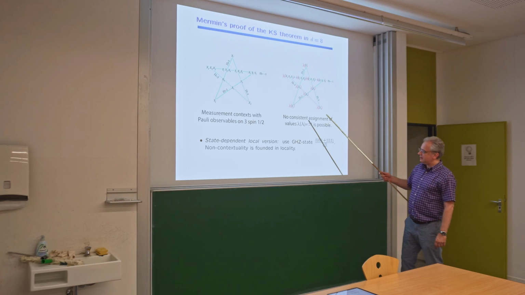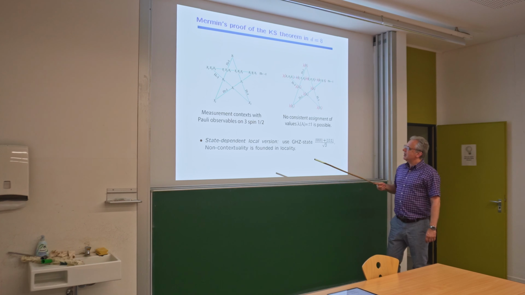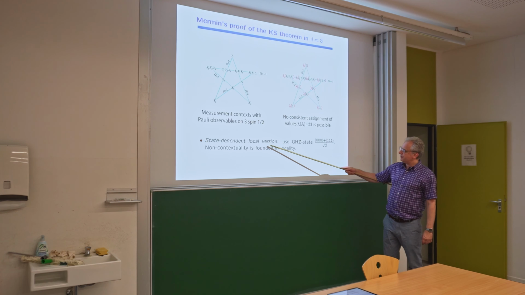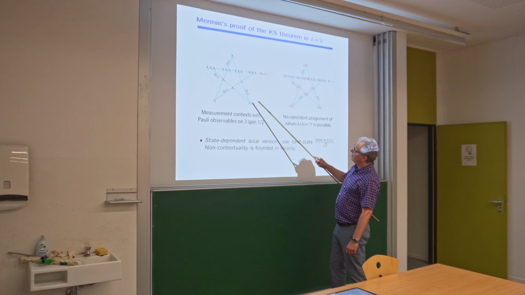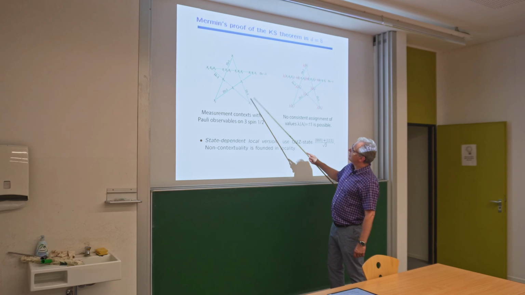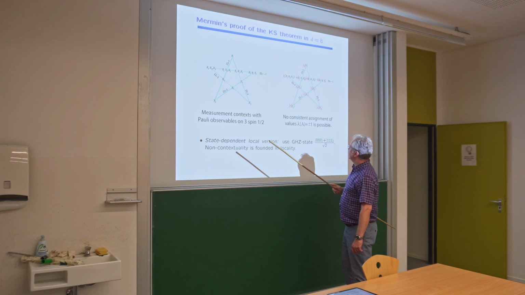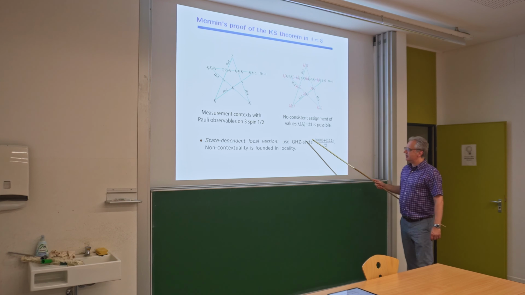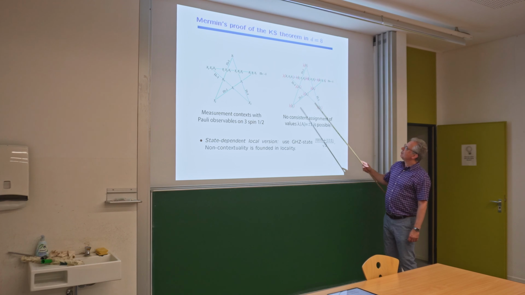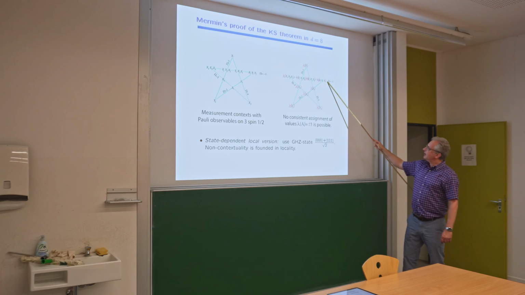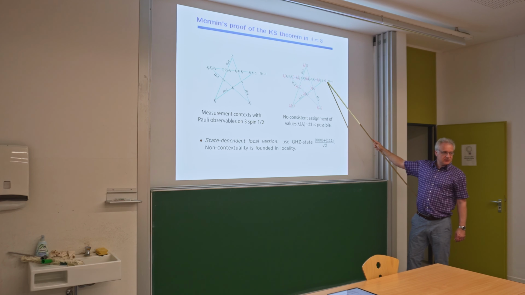But that's not yet what Mermin wanted. This is kind of an intermediate step in what he wanted, which was a local version with local observables. Some observables in the star are local, but others are not local. So he said, okay, let's have a state-dependent version. We take one context and assign a quantum state to it.